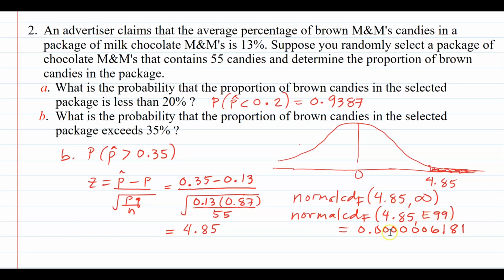And this gives us 0.0000006181, with 6 zeros. Okay, so the probability that the proportion of brown candies exceeds 35% is very small. It's nearly impossible to happen, but there's still a probability, but it's very small. It's almost impossible to have a proportion of brown candies greater than 35%.